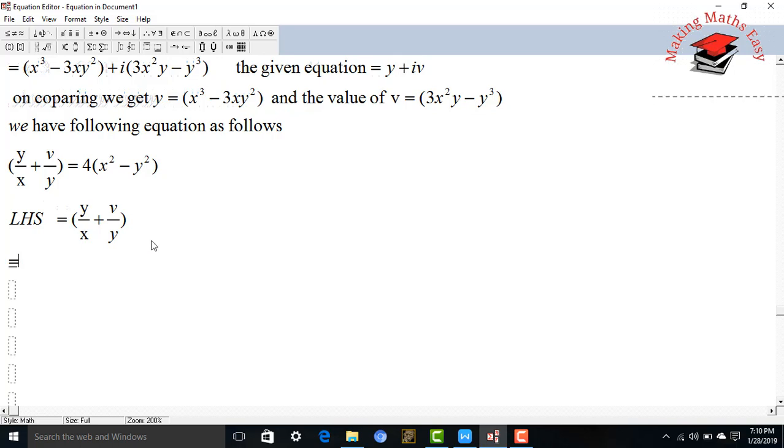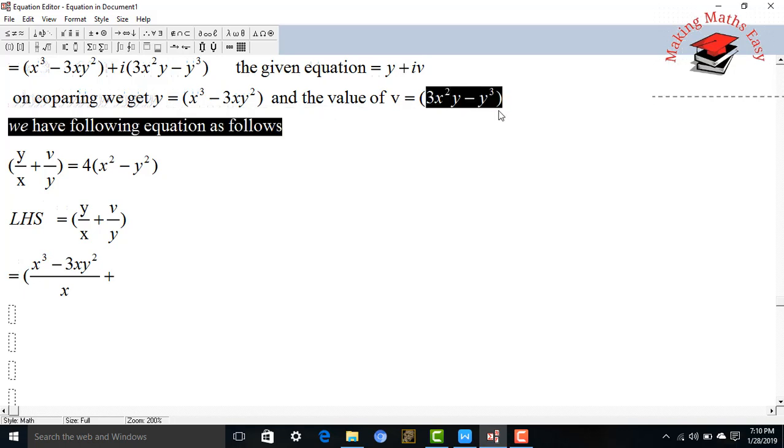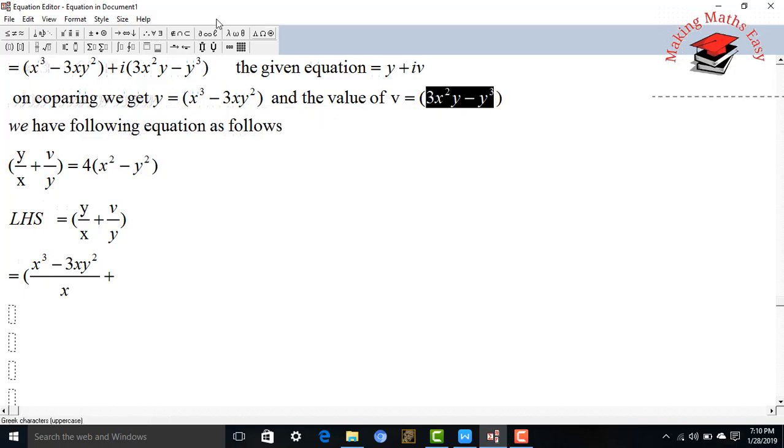Now we will put the values. So put a bracket and y upon this, the value of y is equal to this, and then put a divide operator over here, and then y upon this, the value of y is equal to this, plus v upon y, the value of v is equal to this, so it will be v upon y in this case. So use the divide operator again, and then upon y. Now close the bracket. Now we will get the answer.